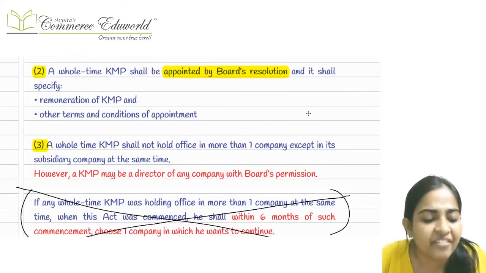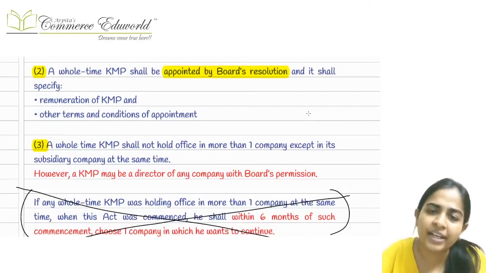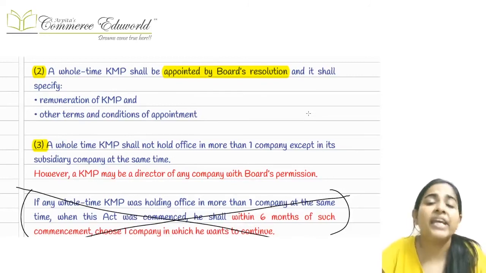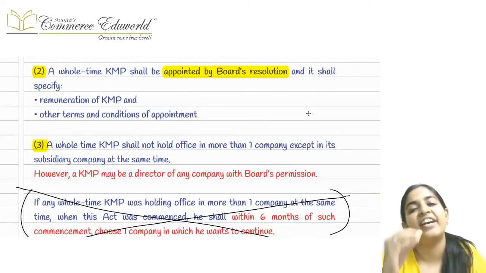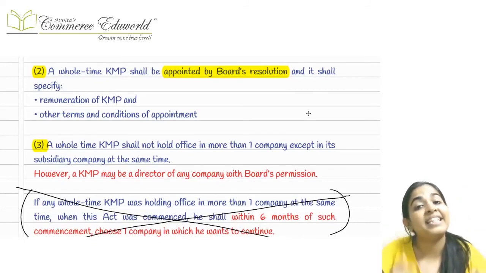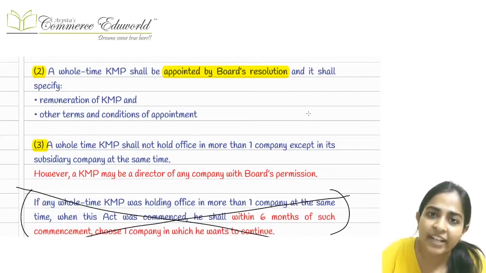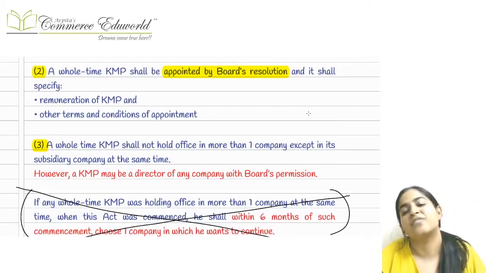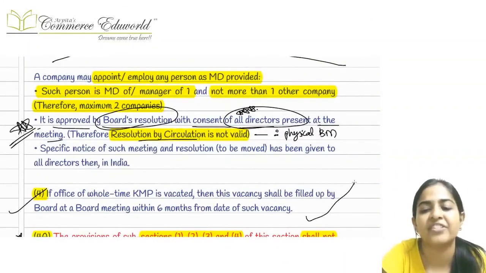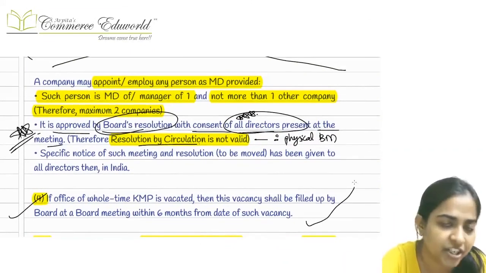Then whenever a whole time KMP is appointed, he is appointed by board resolution. If there is a vacancy in the place of a whole time KMP, then that vacancy will be filled by the board of directors within a period of 6 months from the date of vacancy, right? This is what we have studied here in the 4th subsection.